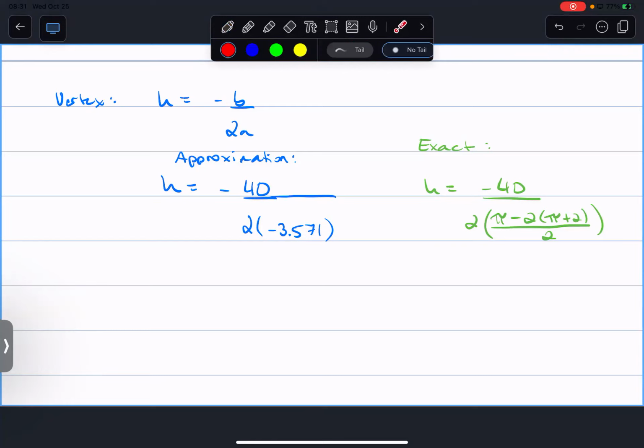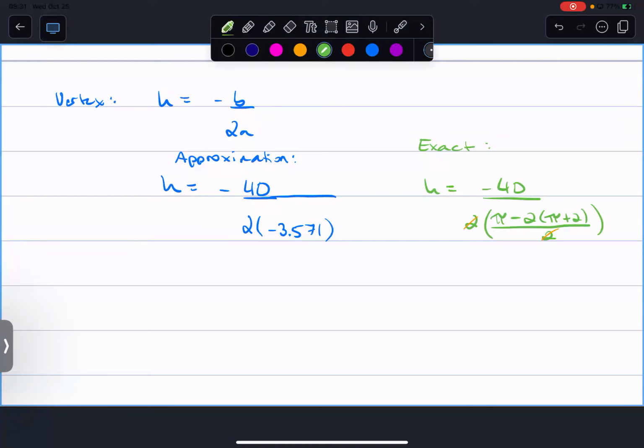When I saw this 2, that's when I realized I could go back and make this a little bit simpler and say, okay, then those would just cancel, right? 2 divided by 2 makes 1, so I can cancel those out.